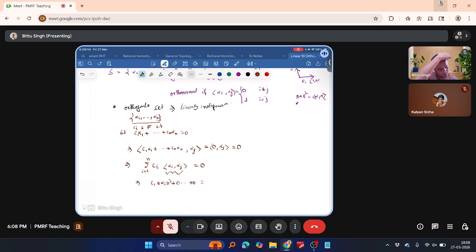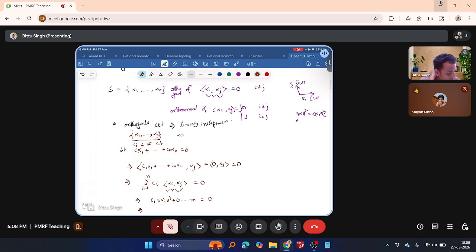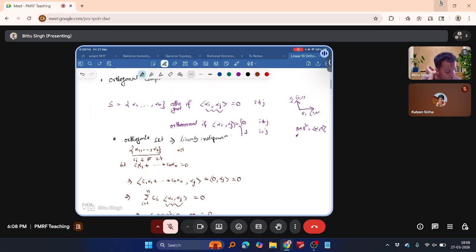Since the norm of alpha i is non-zero, we conclude ci equal to 0. Of course, you need to take those alpha i non-zero, otherwise you cannot conclude. Sorry, I should have mentioned: it is better to say an orthonormal set is always linearly independent, but if you consider an orthogonal set, you need to take a non-zero orthogonal set, one which does not contain the zero vector.